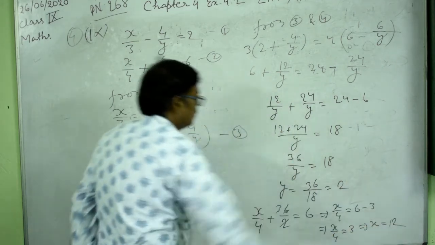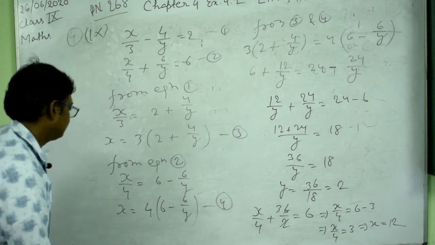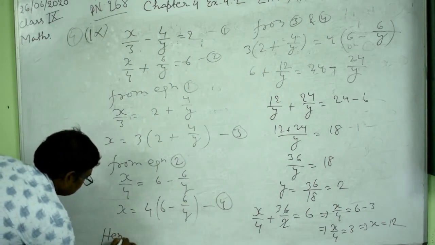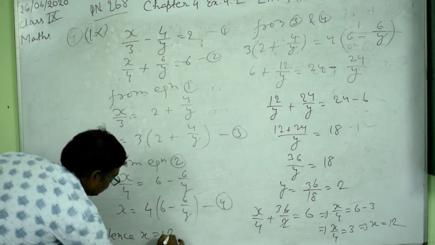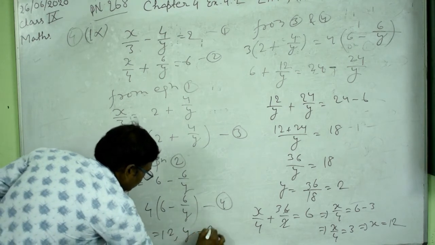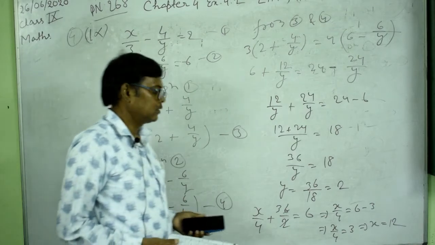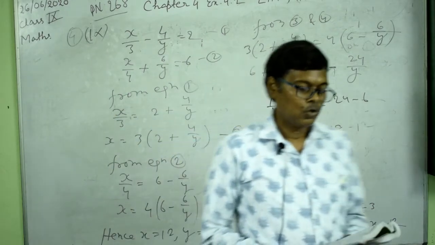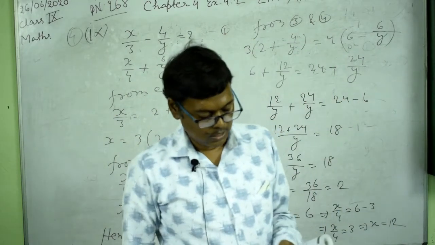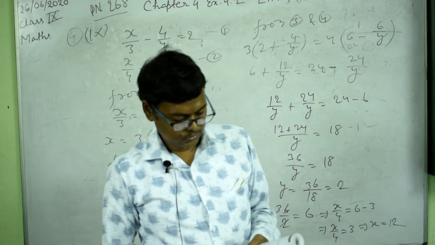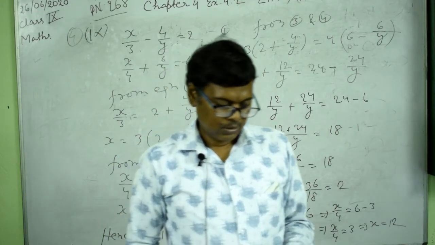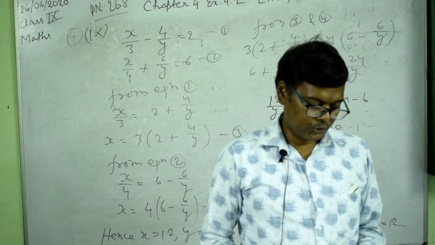Then you will write the final answer. Hence x equal to 12 and y equal to 2. Okay, so this is the solution by using the comparison method. Now I will solve one question by using the method of substitution.